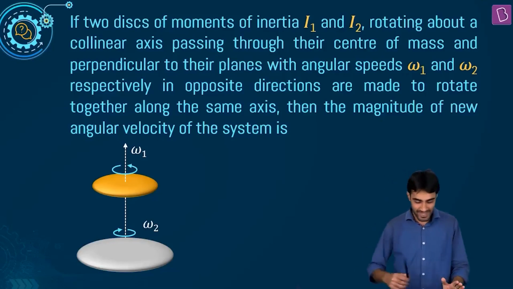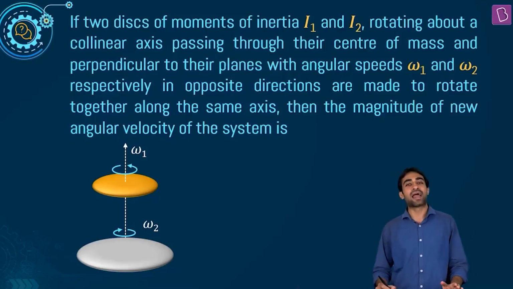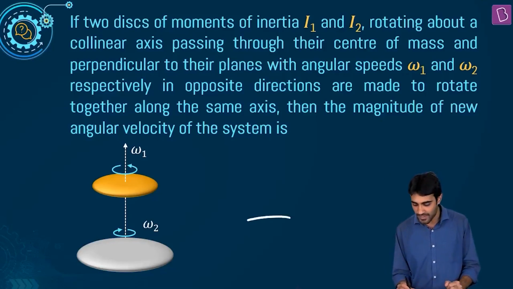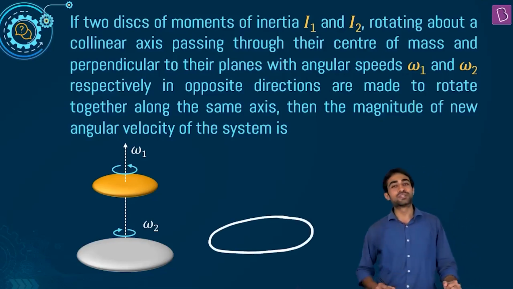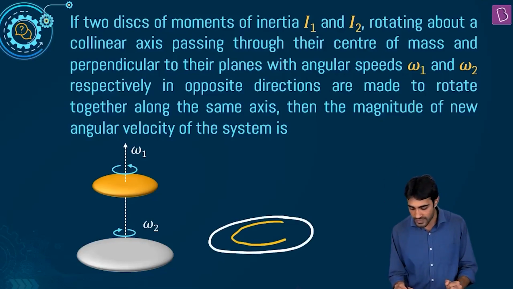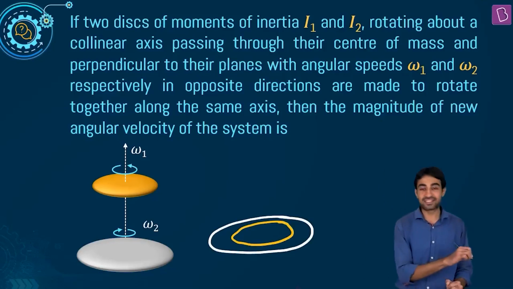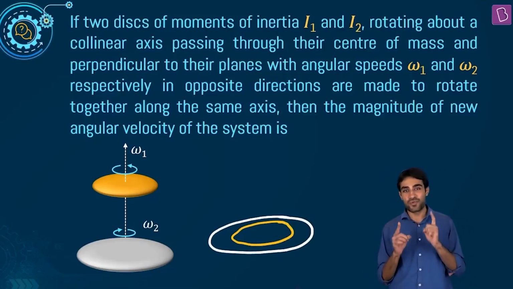So what is happening? We earlier have the angular velocities as omega1 and omega2 in opposite direction, and finally we are bringing the two disks together. So this is our white disk and we place the yellow disk on top of this white disk. Now what will happen? As you can see, initial angular velocities were different.